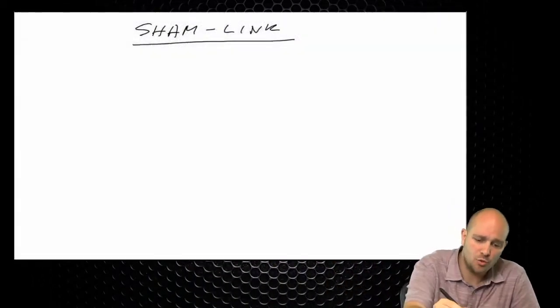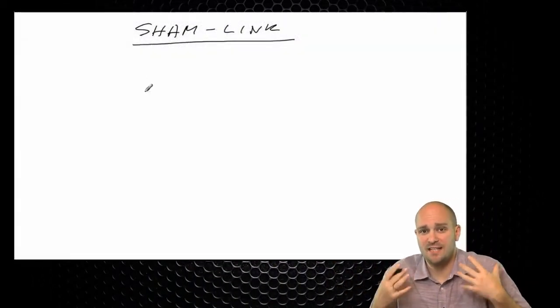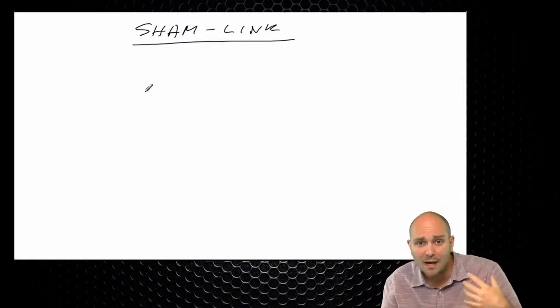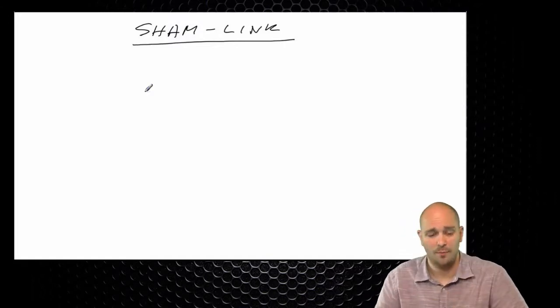So that said, let's write some of those down so that you have at least some steps, some checklist of things that you might need to do when you are implementing sham link.